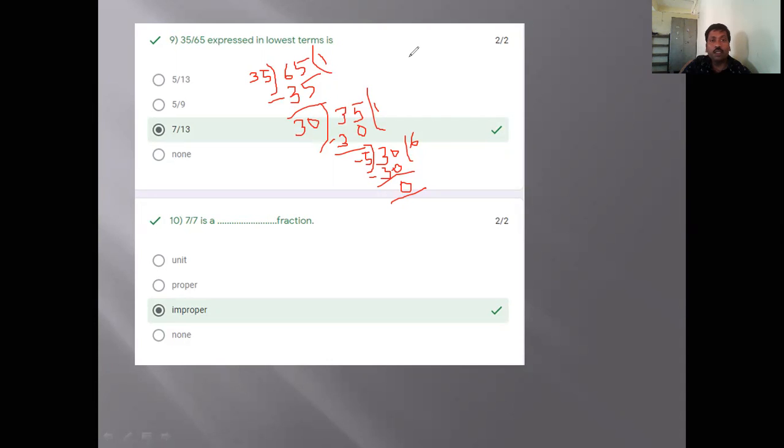So from this HCF, we will find the lowest term: 35 divided by 5 and 65 divided by 5.